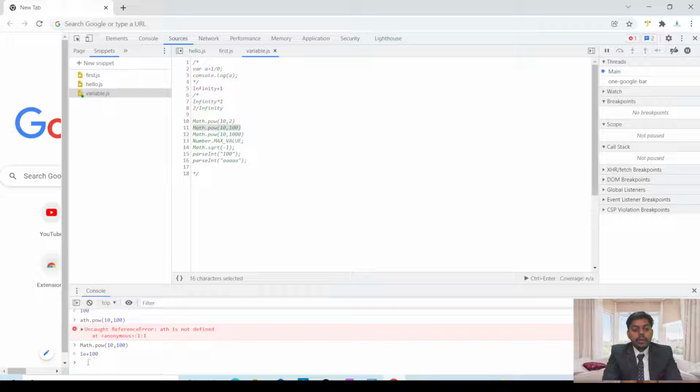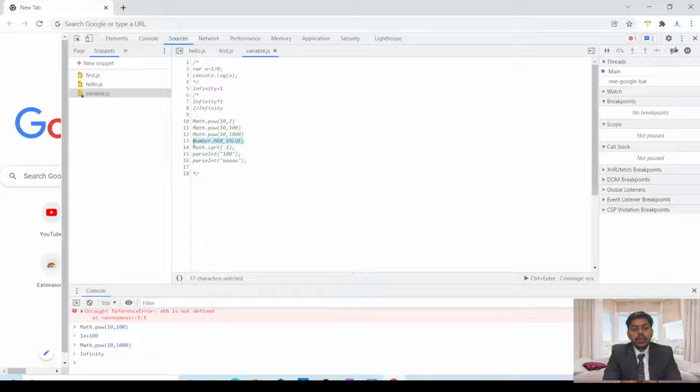So 10 raised to the power 100 is 1e100. But if we want to calculate 10 raised to the power 1000, then see, it is going to be Infinity, because it has reached the limit of what the variable can hold. So it has started printing Infinity.